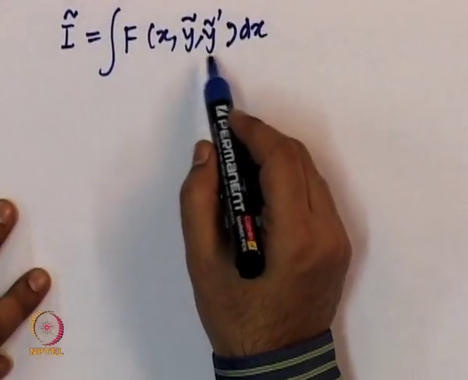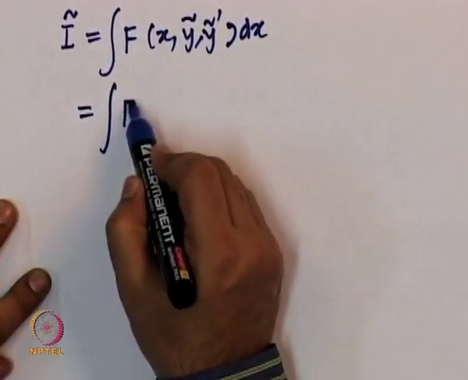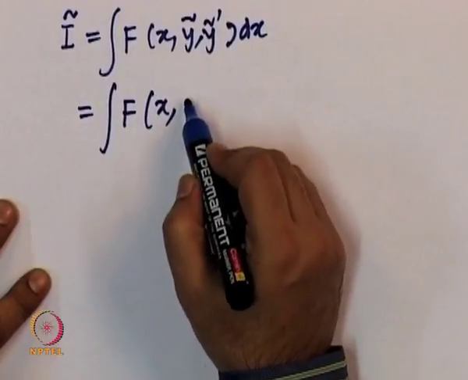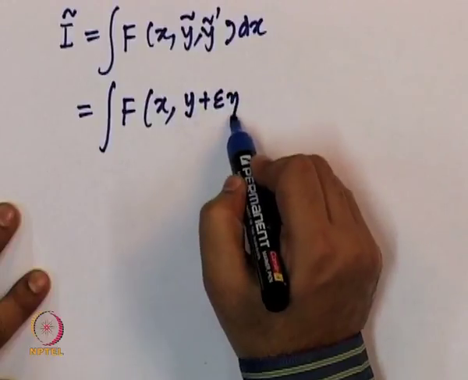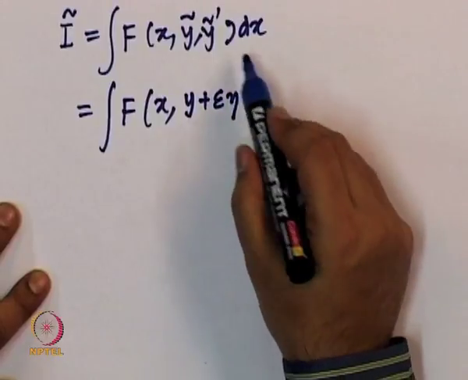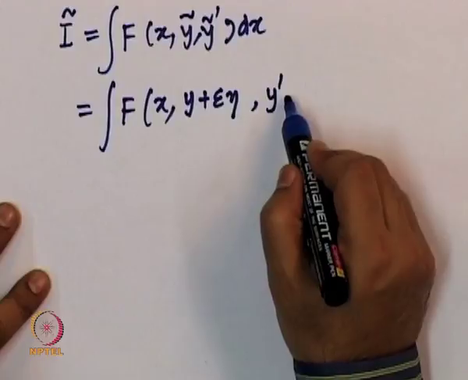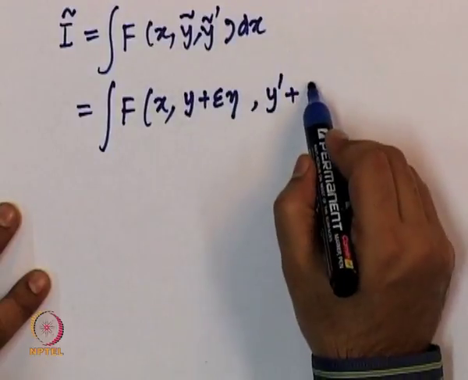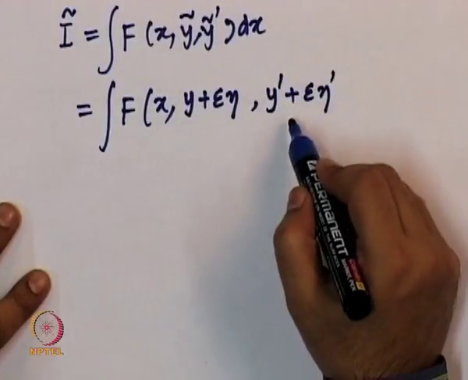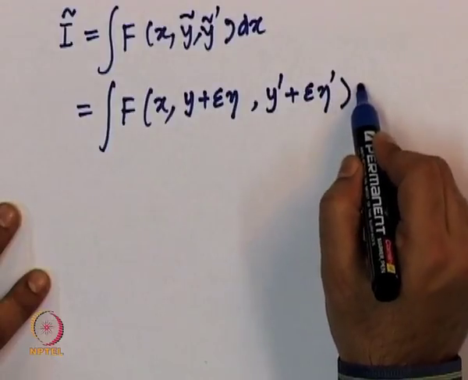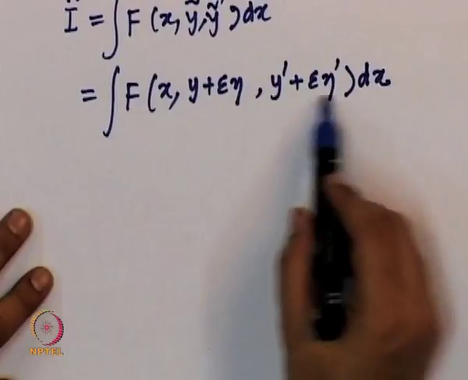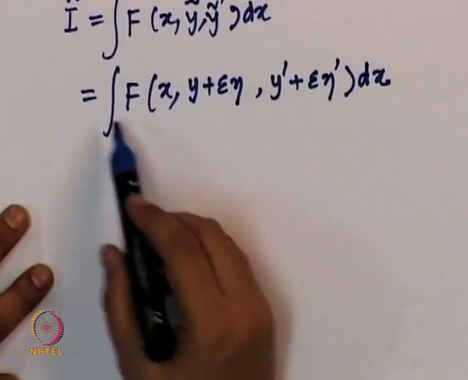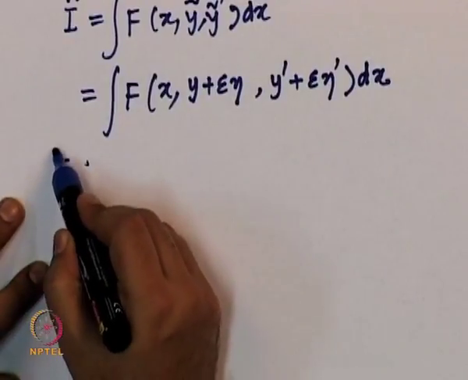But we know y tilde and y prime tilde are nothing but f of x, y plus epsilon eta, comma y prime plus epsilon eta prime, where y prime tilde is nothing but y prime plus epsilon eta prime, dx. So, now let us look at this I tilde.